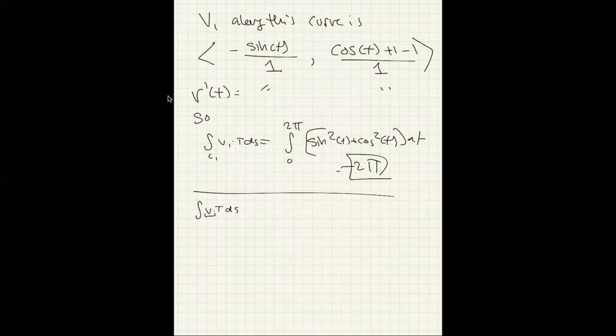Notice that I'm using the full V, not V1 or V2, but the full V over C1, which is 2 pi.